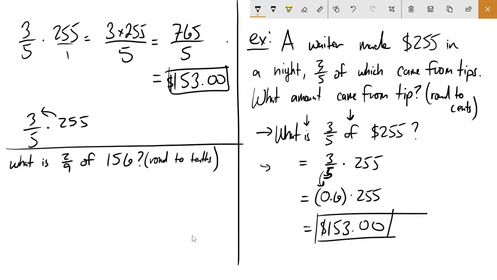Okay. So here's the deal. I want my answer rounded to the tenths, but what's going to happen if we try to turn 2/9 into a decimal?